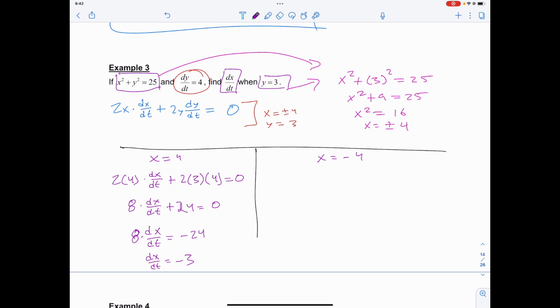When I use the negative 4 for x, I get a very similar answer. Because my equation is basically the same, except I have negative 8 dx over dt plus 24 is equal to 0.